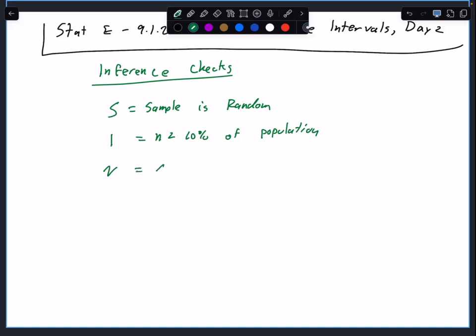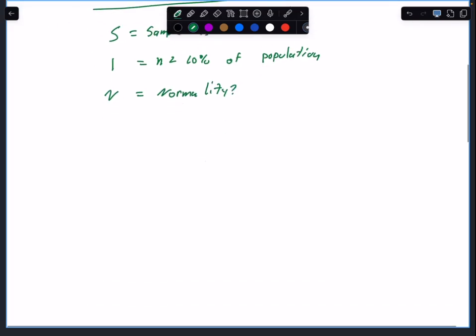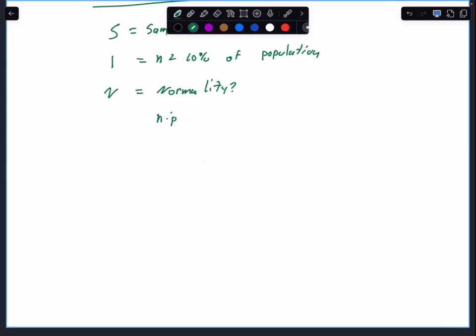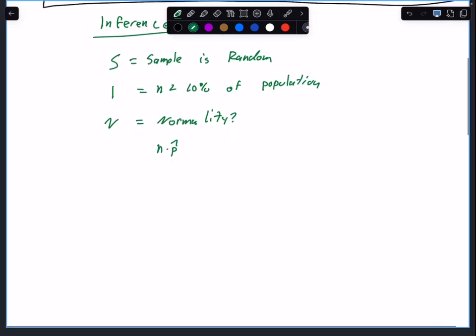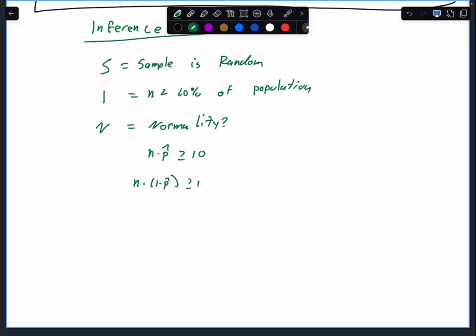And then we have our normality check. Normality, which is n times p hat, must be at least 10, which remember is the number of successes that we observe. And n times 1 minus p hat is also at least 10. We're not going to focus too much on these checks today, but we will come back to doing this.